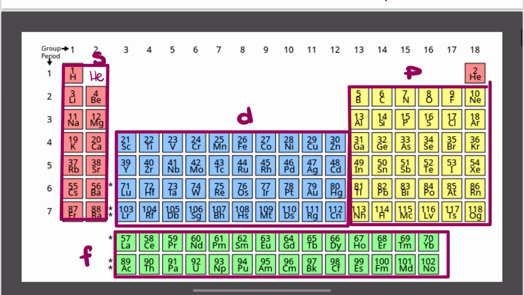I am always starting at this first spot. The number here is my N value. My L value. M sub L is which degenerate orbital.